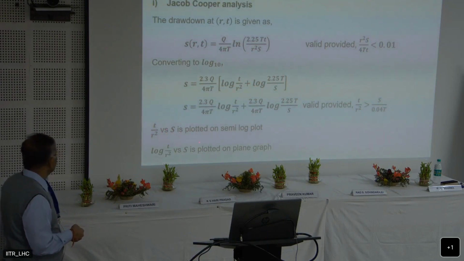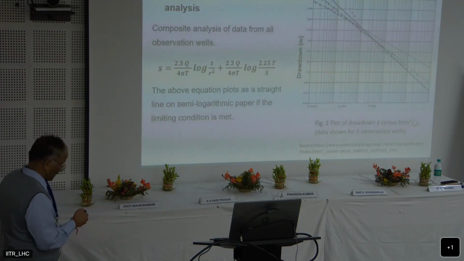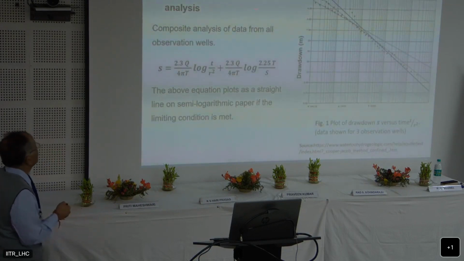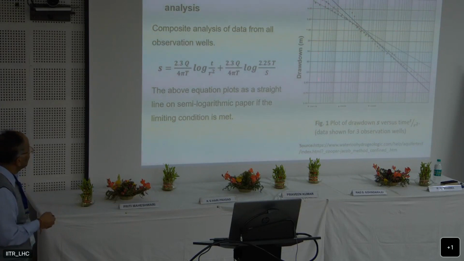So what we do is plot this here. We call this the time-distance drawdown analysis. On the x-axis, you plot t by r square on a semi-log scale, and here is the drawdown. Here I am taking the drawdown positively downwards, so that is why the curve is coming down. Otherwise, if I plot it upward, the drawdown will be increasing with t by r square.